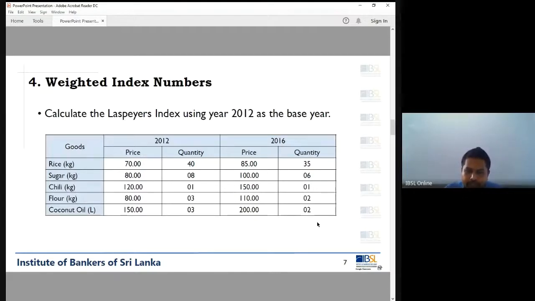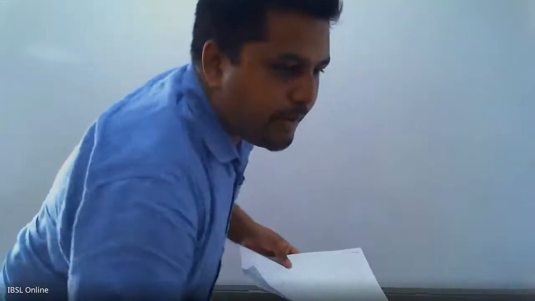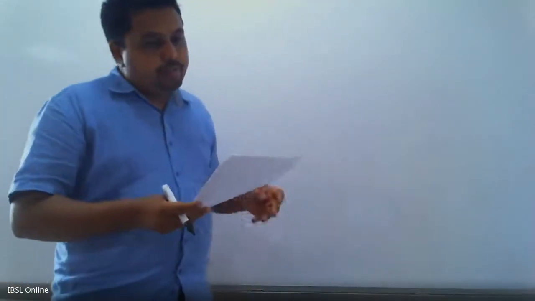Now let's look at these items and see what they are. I'll use the board here. We have five different types of commodities: rice, sugar, chili, flour, and coconut oil.